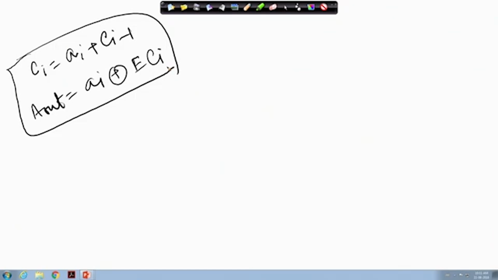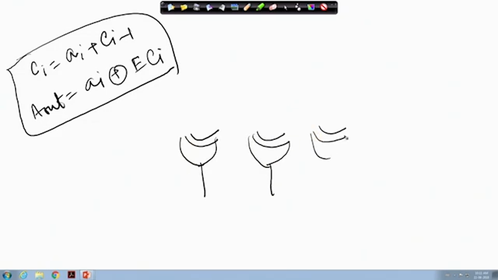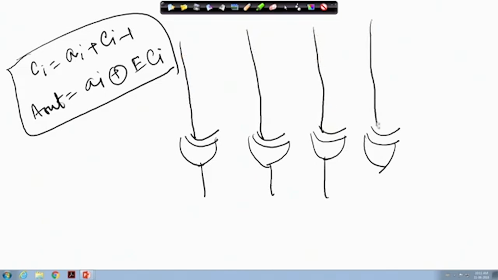If I draw the circuit for this particular expression, for 4 bits, it will look like this. I need one AND gate for this particular function.